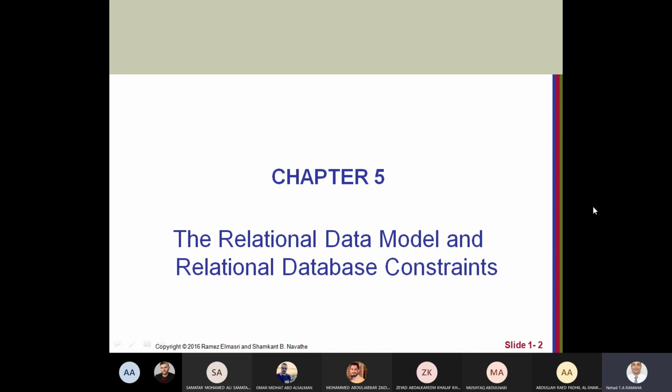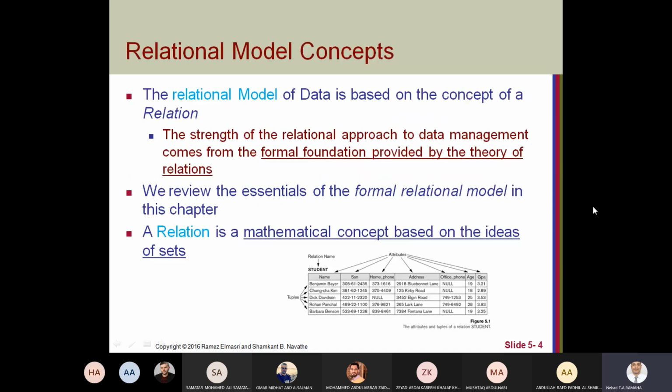Okay, in this chapter, we will speak about the relational model and relational database constraints. Shortly, in this chapter, we have some terms and some constraints on the relational model.